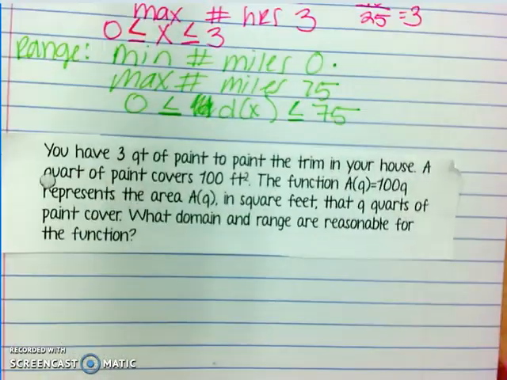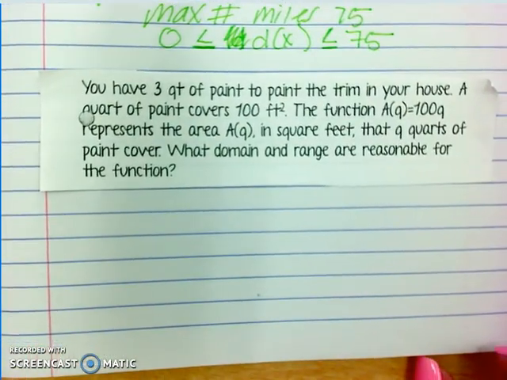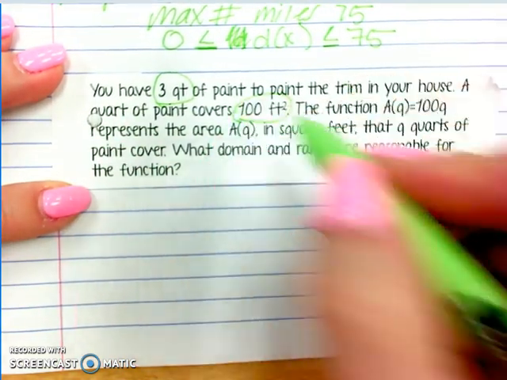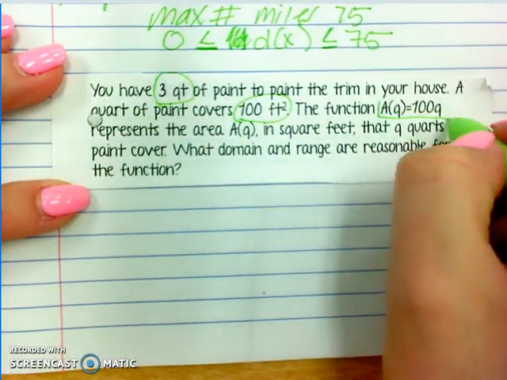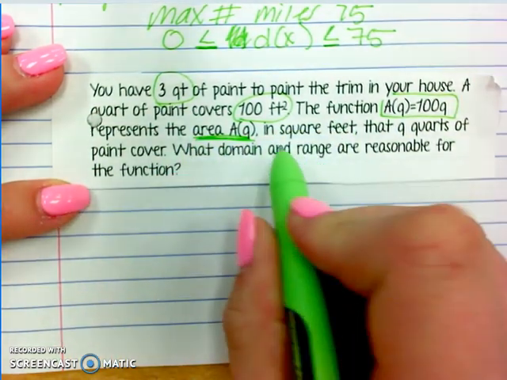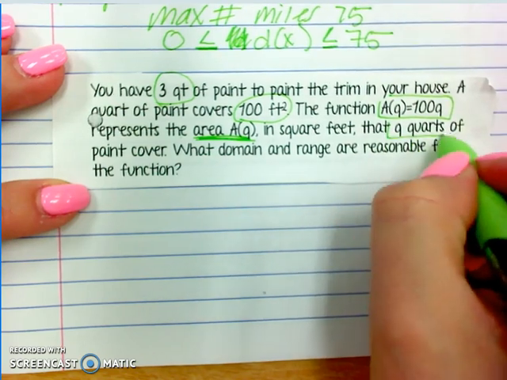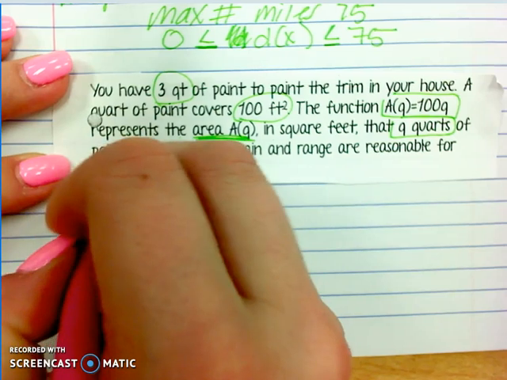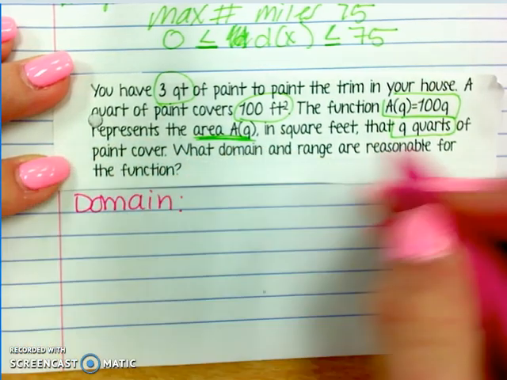All right, now 3 quarts of paint to paint the trim. 1 quart of paint covers 100 square feet. Here's the function: A representing the area in square feet, and Q is quarts. So the domain, what is being multiplied by the coefficient?